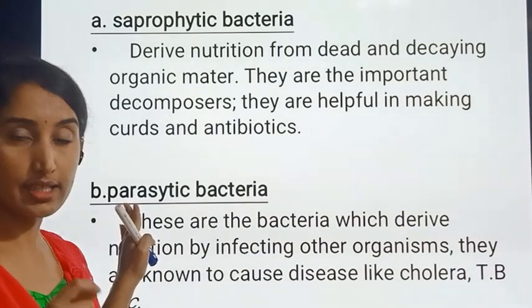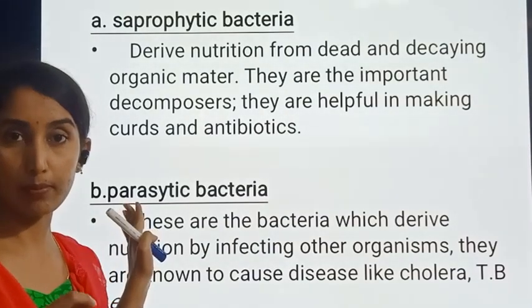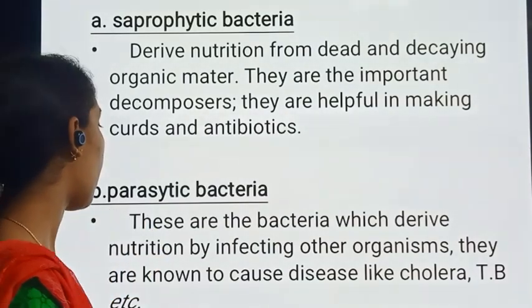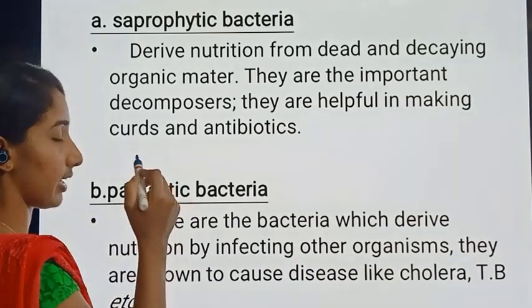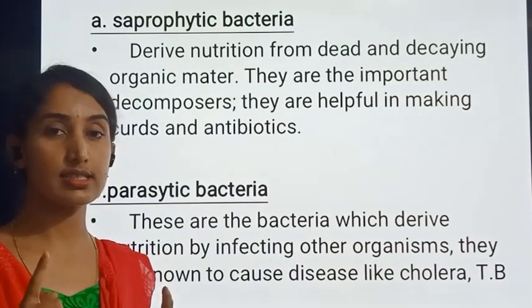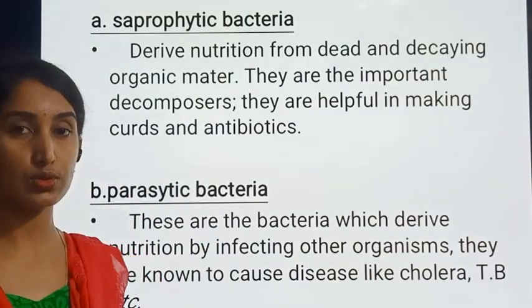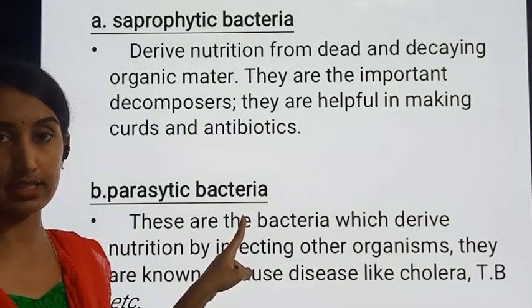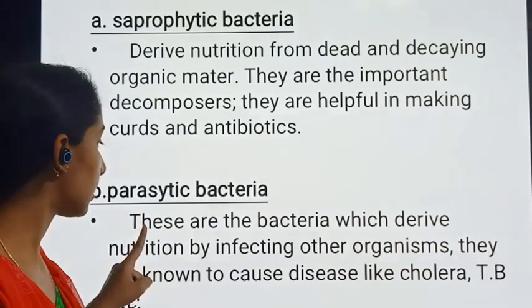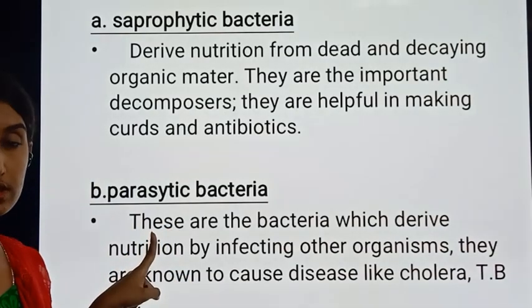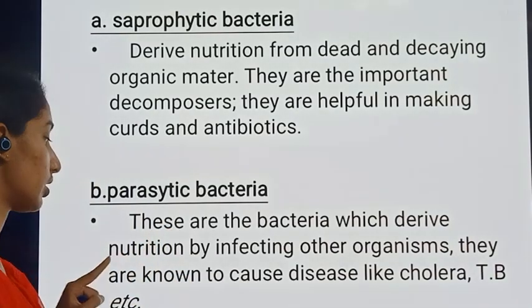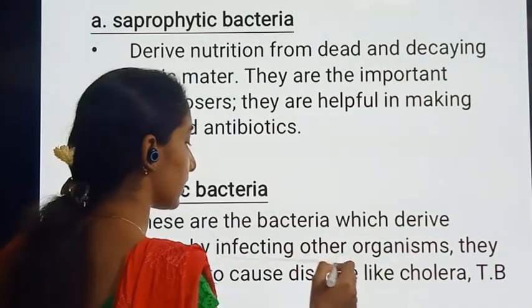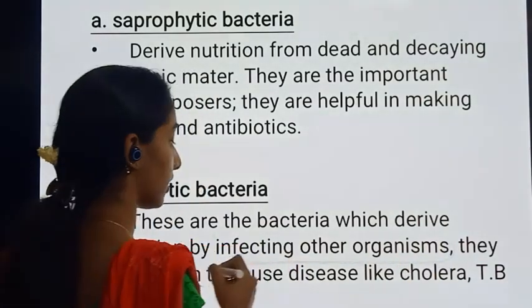The second type of heterotrophic bacteria is parasitic bacteria. These are the bacteria which derive nutrition by infecting other organisms.